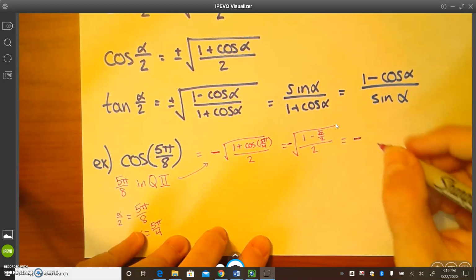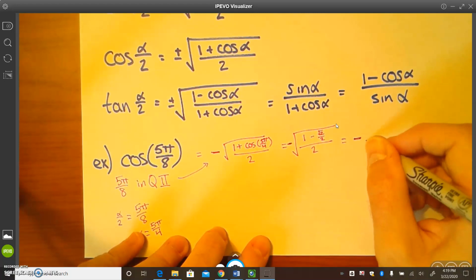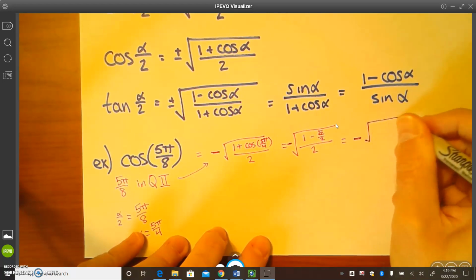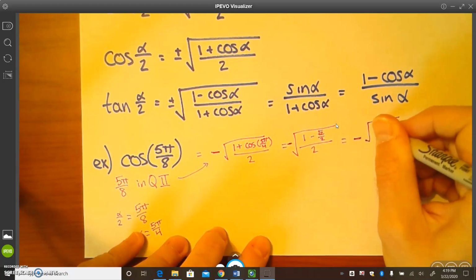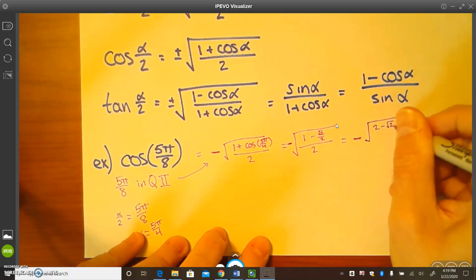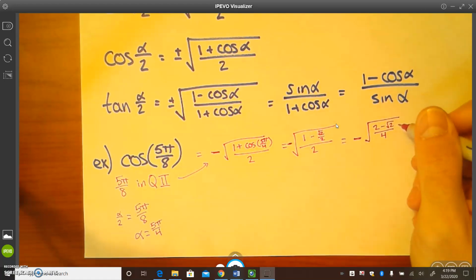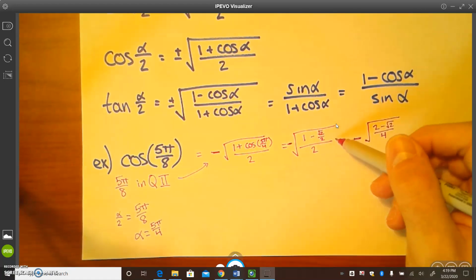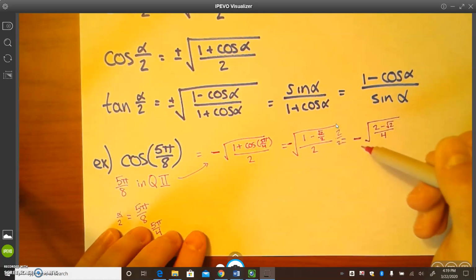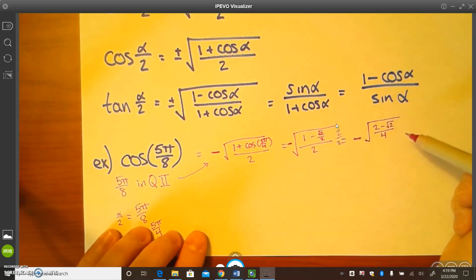And then we get a negative square root of 2 minus rad 2 all over 4. I just kept it as one term. Again, you could also just say, well, I'm going to multiply by 2 over 2 to get that.